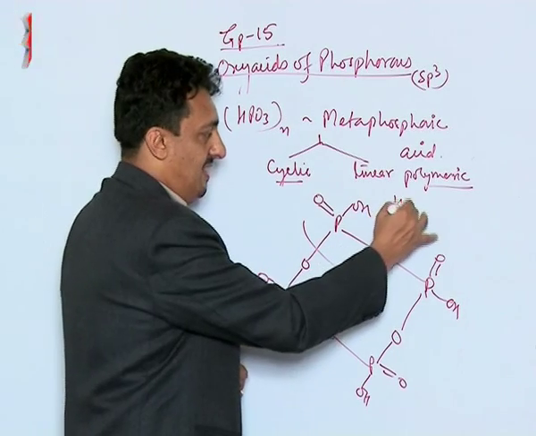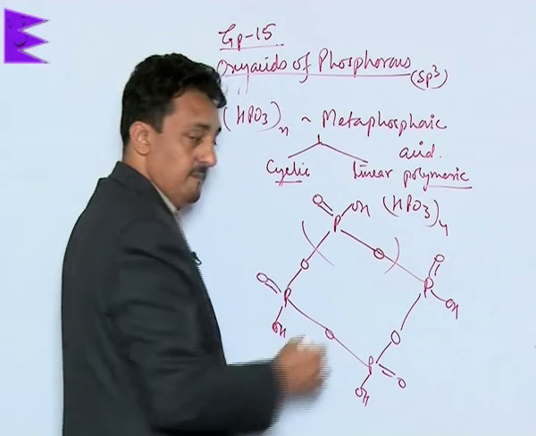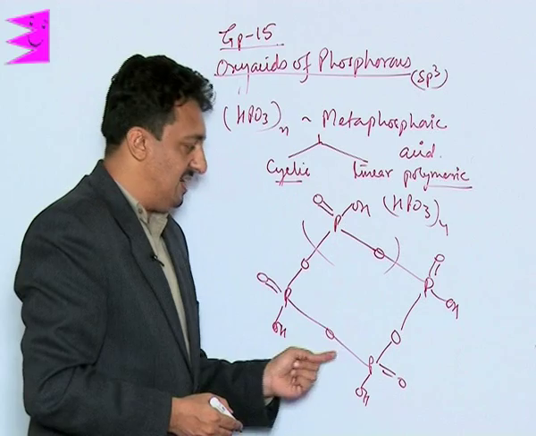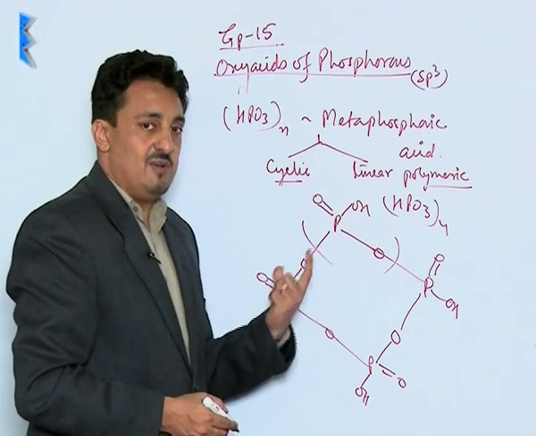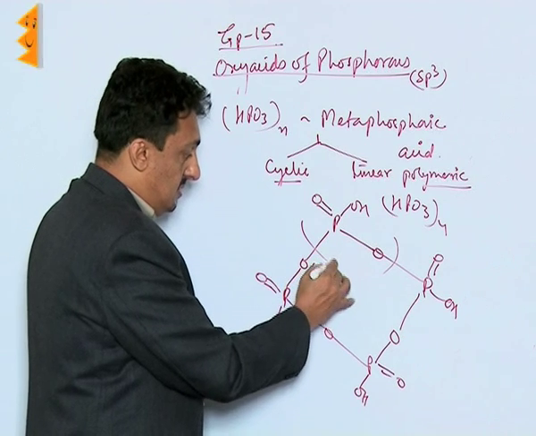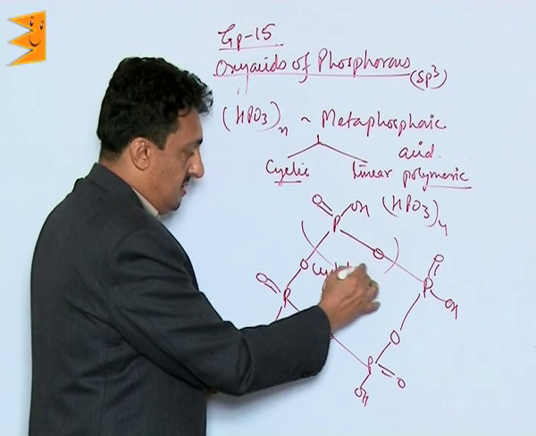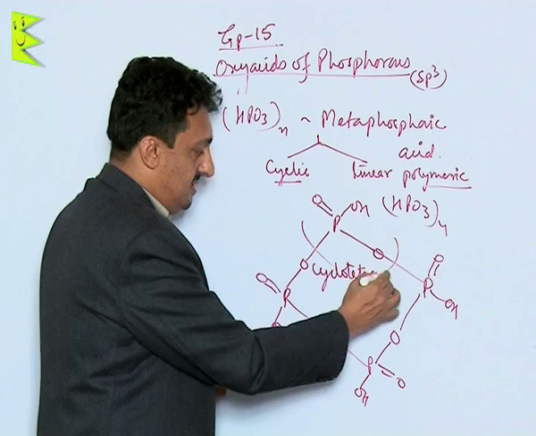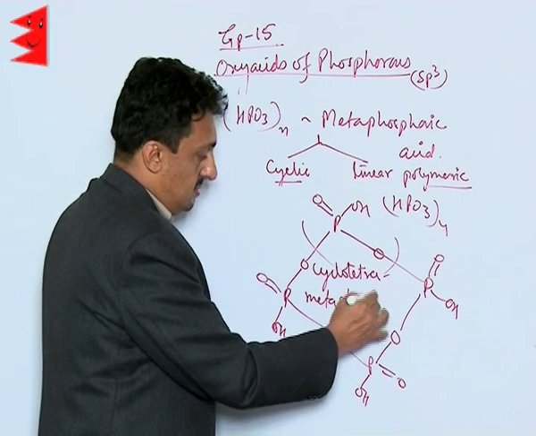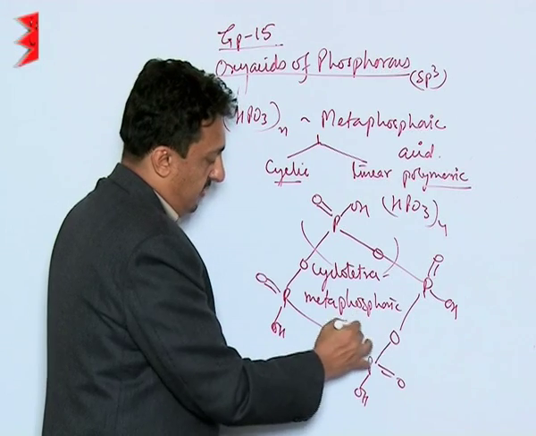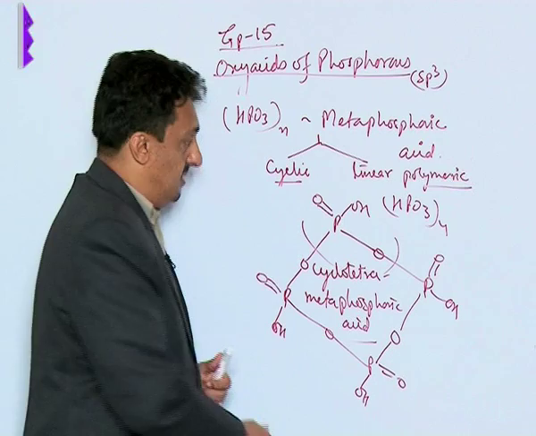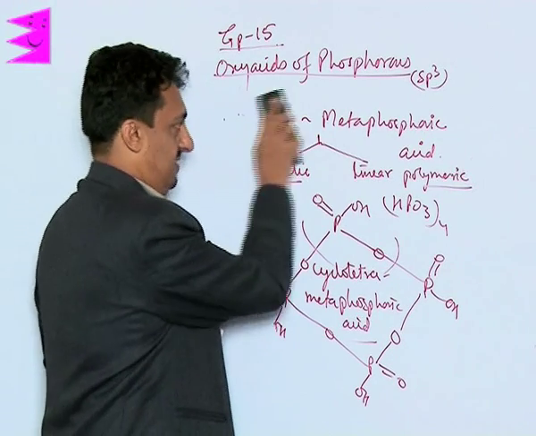So we will call this (HPO3)4. So there are 4 units of this metaphosphoric acid combining with each other to form a cyclic structure, which is called cyclo-tetra-metaphosphoric acid. So these are the basic oxyacids of phosphorus.